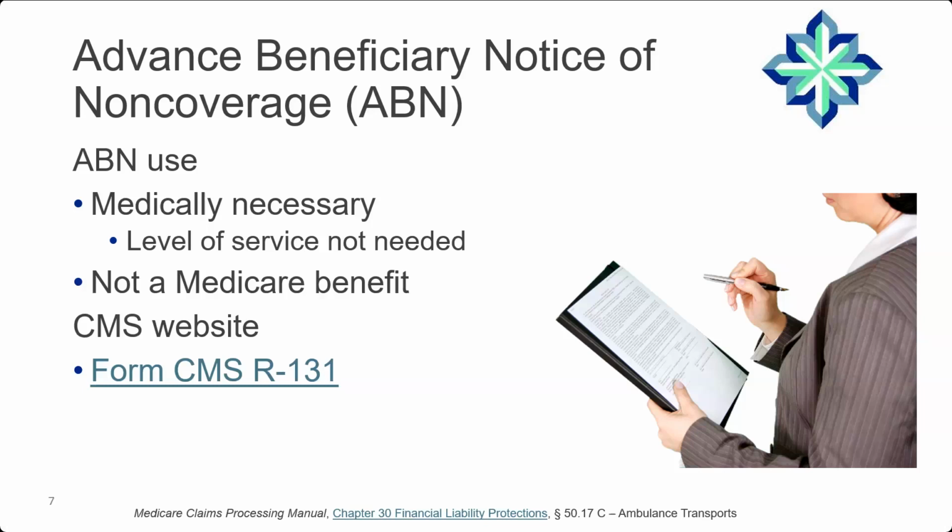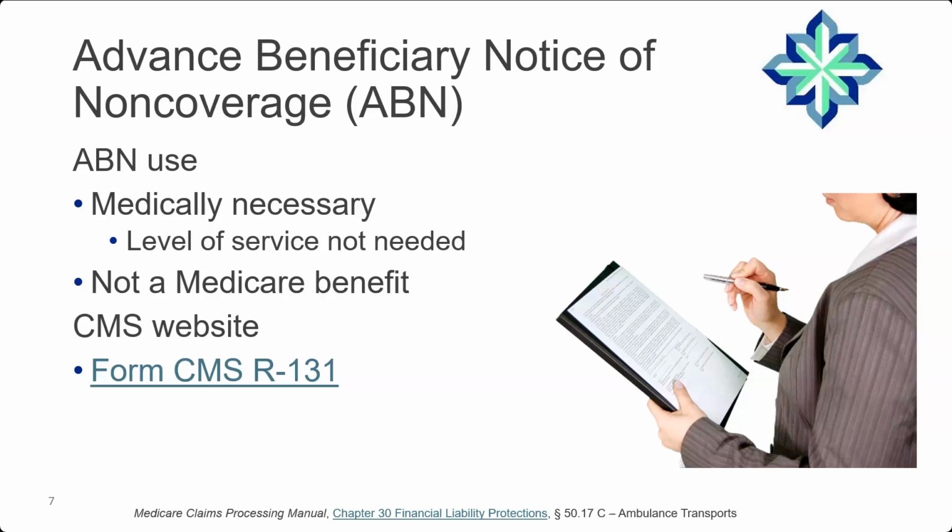When it is an optional use, you do not need to complete the entire thing. You complete the top down to the estimate. There's no selection of options. There's none of that. And you do have to use the CMS form R-131, and you want to make sure that you are using the one that was just updated.